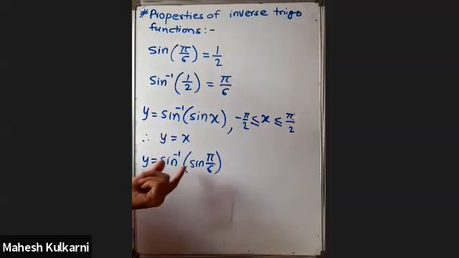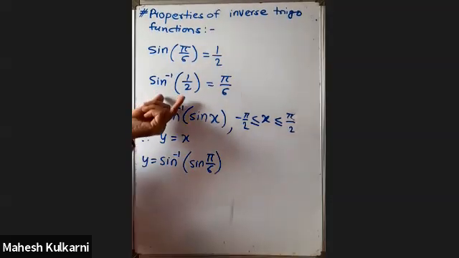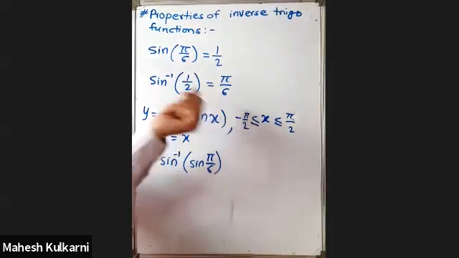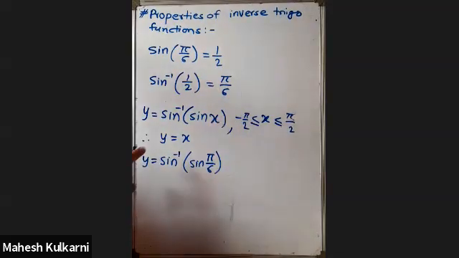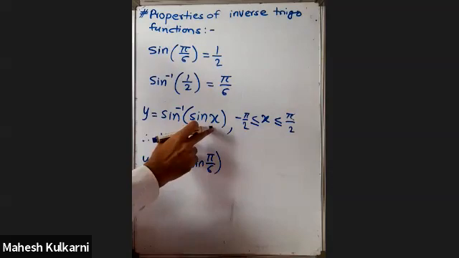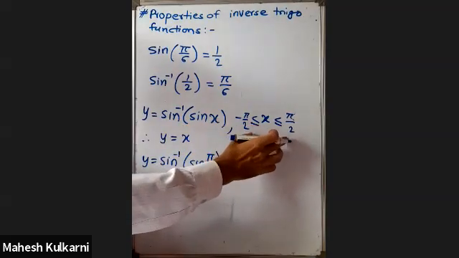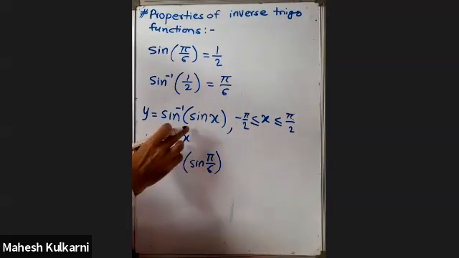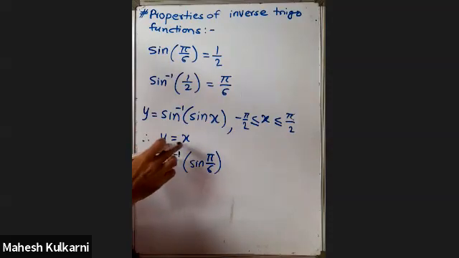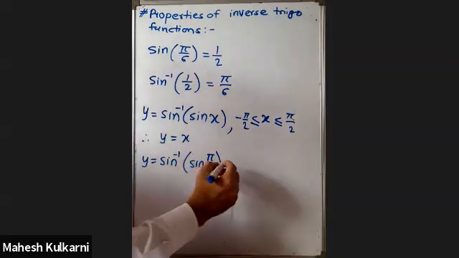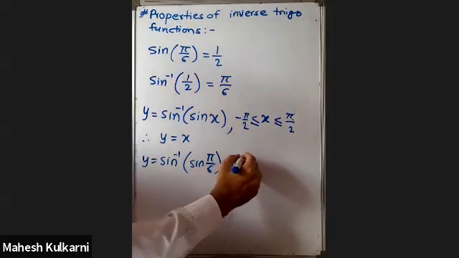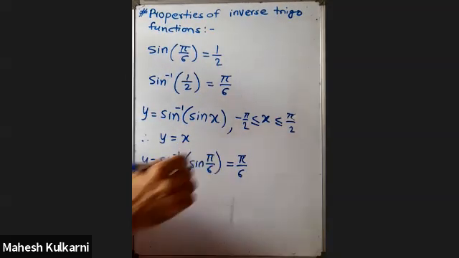So this becomes sine inverse of half, and sine inverse of half is pi by 6. So when it is sine inverse of sine x and x is in this interval, then we can apply this property and write directly y is equal to x. So here y is equal to sine inverse of sine pi by 6, we can write directly it is pi by 6.